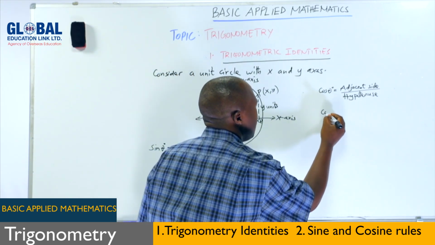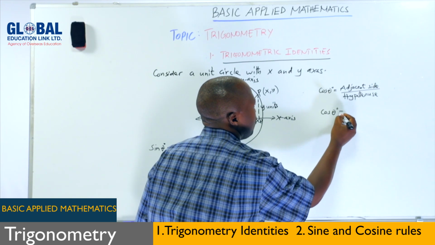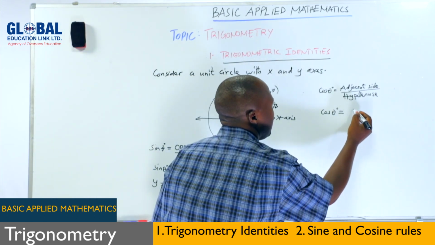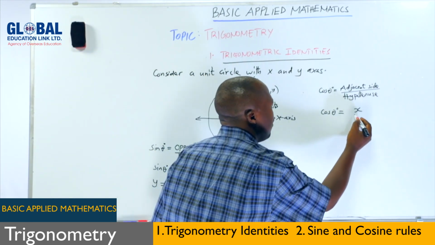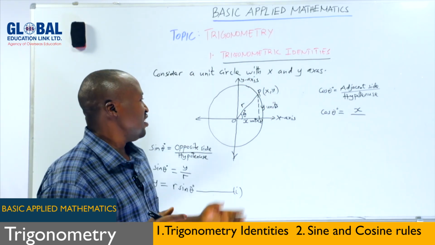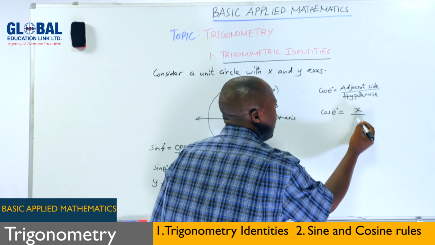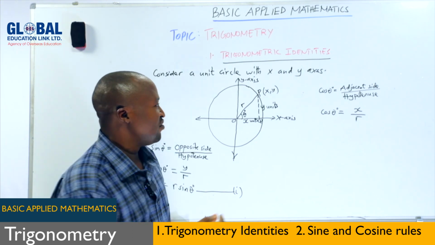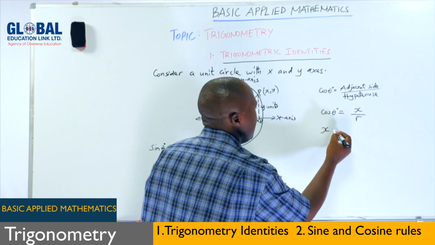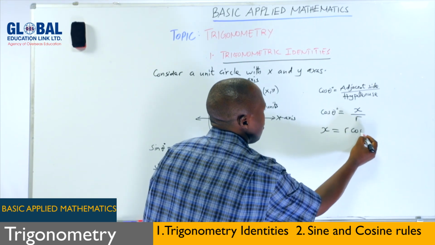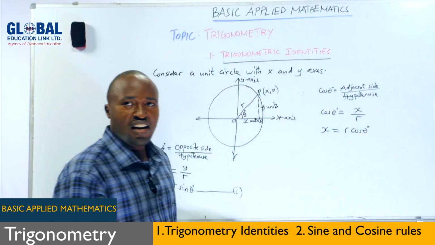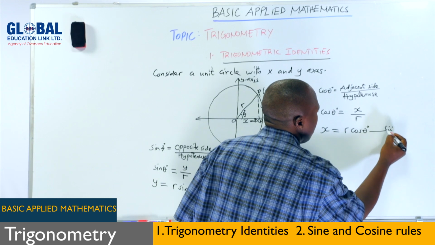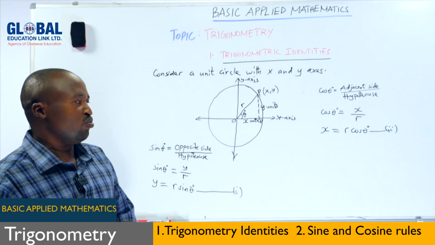Now, cos theta will be equal to our adjacent side, here we have x unit, so we just write x, then over our hypotenuse, that is r. So this one is over r. Now again, we are going to make x the subject. That is x is equal to r cos theta. Now call that one equation 2, because we have already created equation 1. Now that is equation 2.